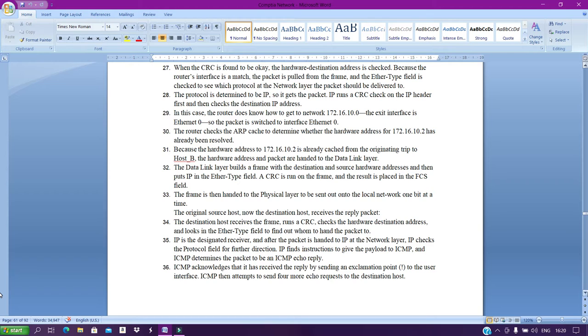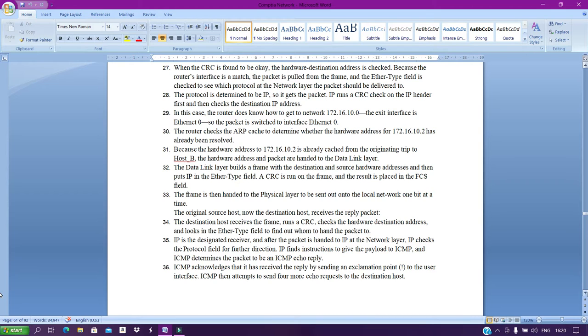The destination host receives the frame, runs a CRC, checks the hardware destination address, and looks in the ether type field to find out whom to hand the packet to. IP is the designated receiver, and after the packet is handed to IP at the network layer, IP checks the protocol field for further direction.